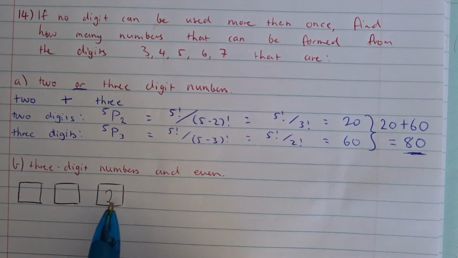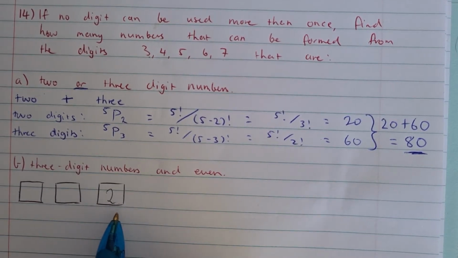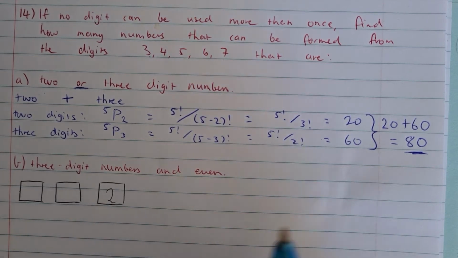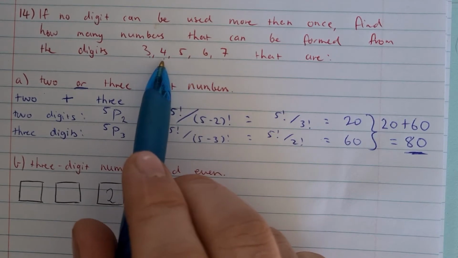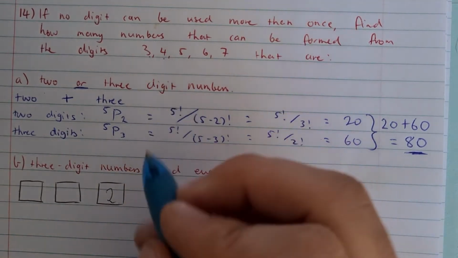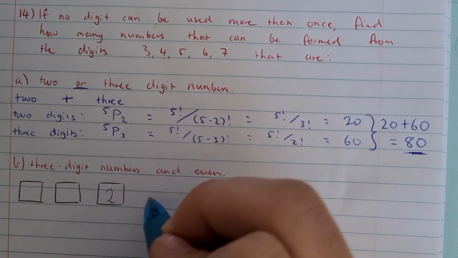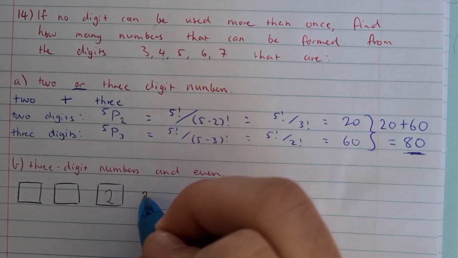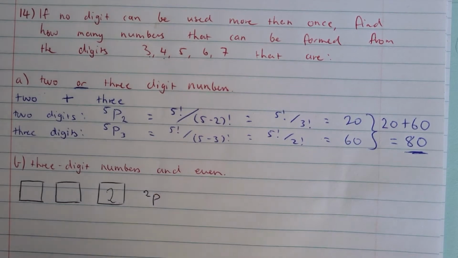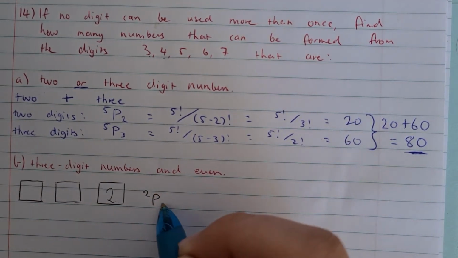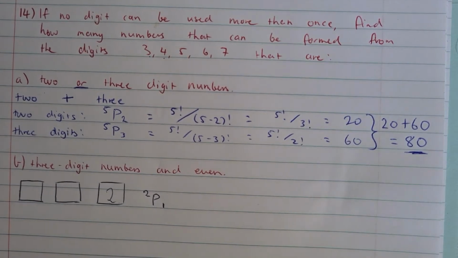Another way to work out how many options there are for this last digit is you can use the permutation formula, but it's probably simpler just to observe there's 2 options. But if you did want to use the formula, the way to think about it is you have 2 even numbers to choose from, and you're selecting one.